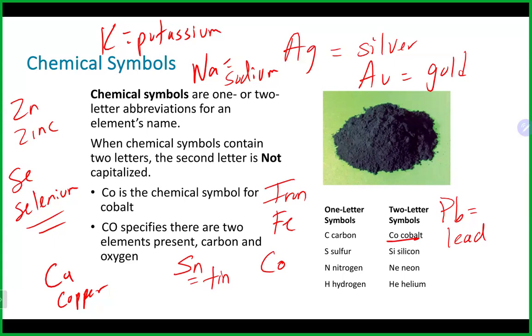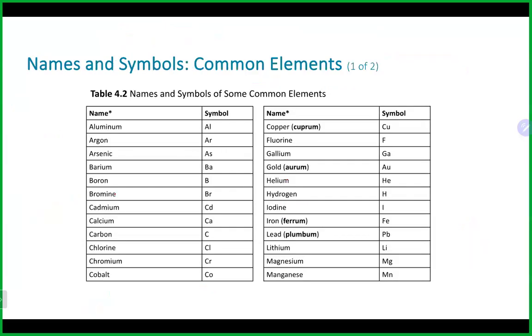So I would say if you don't have recognition, try to get some recognition. It's going to help you in the long run when we get to those things. So aluminum, here's some of our other symbols along the way. And again, you can see where some of these symbols come from.